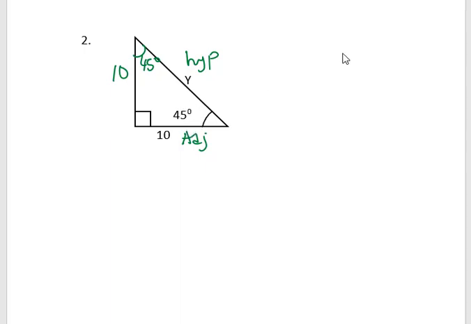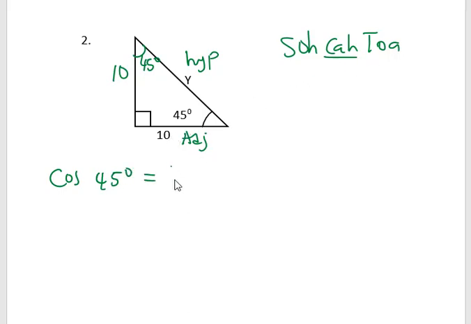Okay, using SOHCAHTOA, which of these trigonometric ratios has adjacent and hypotenuse? Adjacent over hypotenuse is cos. So cos 45 degrees is equal to adjacent over hypotenuse, which is 10 over y, which is equal to, using the standard we had developed before about this, okay, don't mind my diagram.